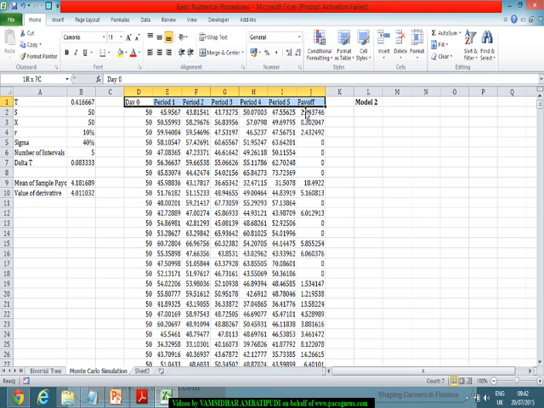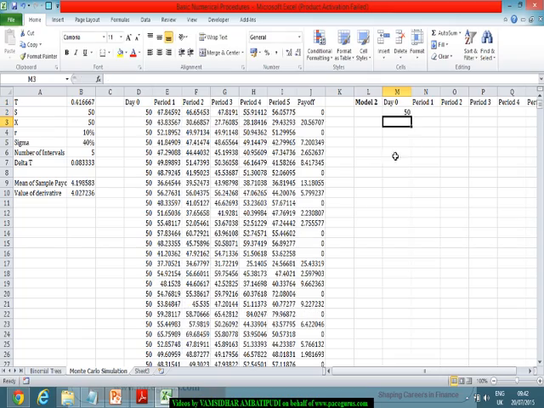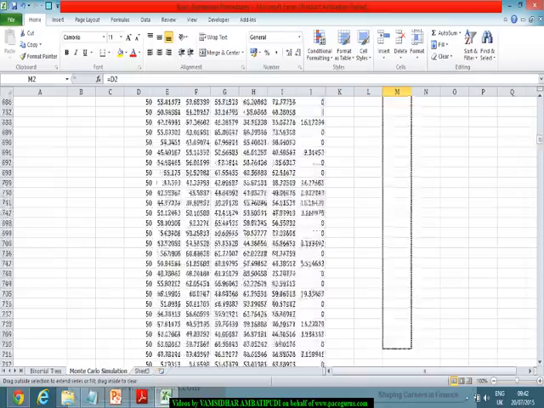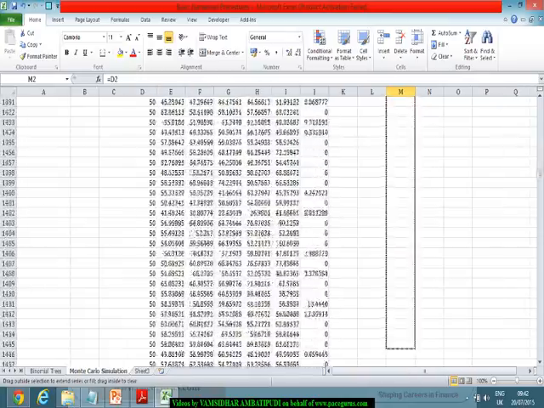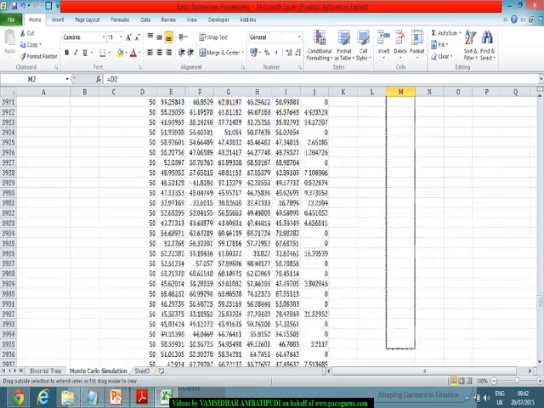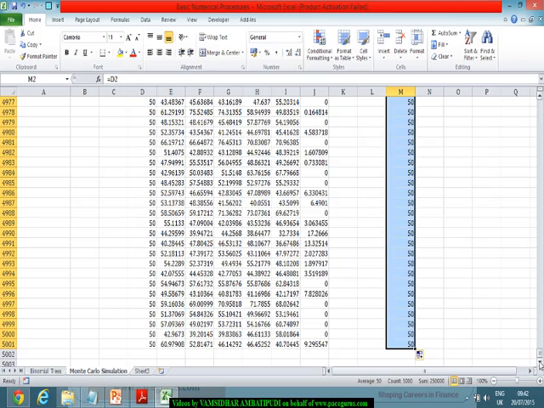In that case, if I am going with the same stuff, my day 0 still happens to be the same. I'll generate it over a 5000 days period. This happens to be my day 0.